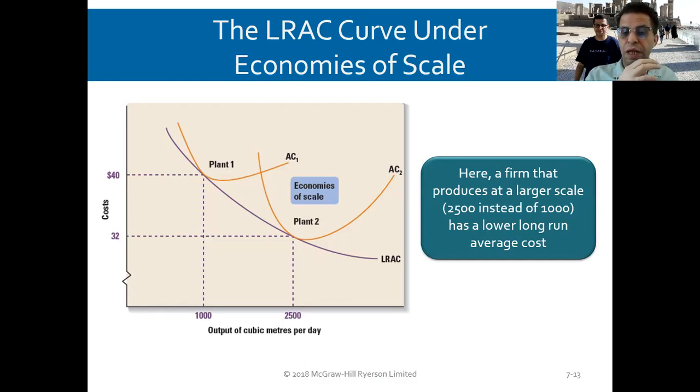A firm that produces at a larger scale, like 2,500 instead of 1,000, has a lower long run average cost, because they produce at the cost of $32 at 2,500. If they produce at this point or this point, then they don't have economies of scale. At 2,500 units, that's their lowest cost possible.